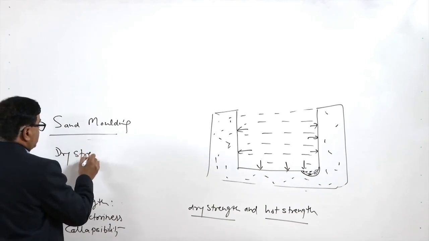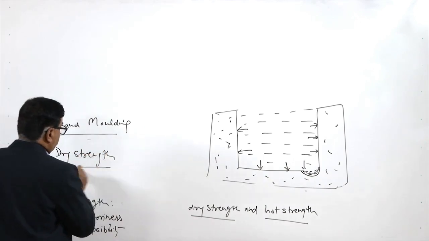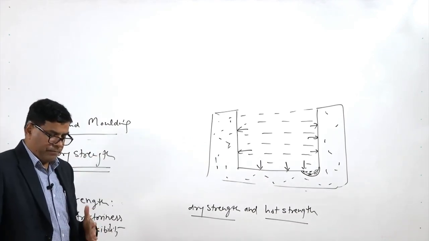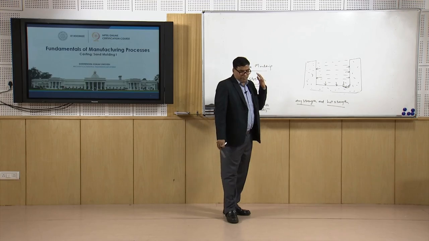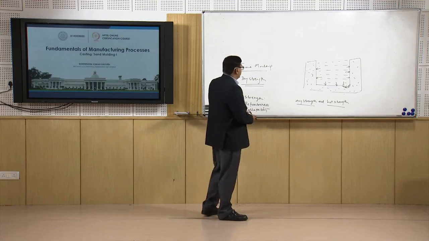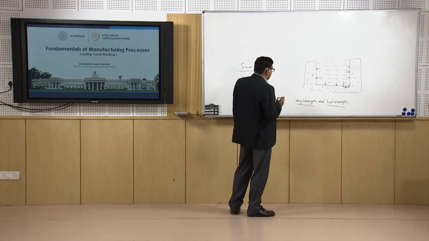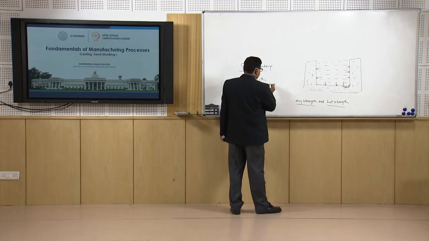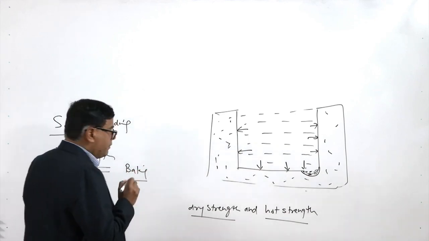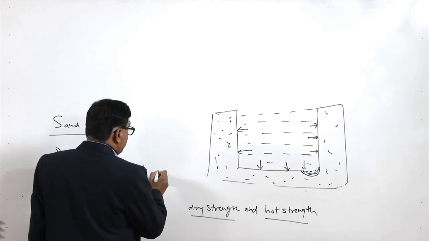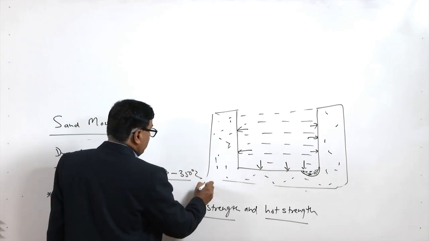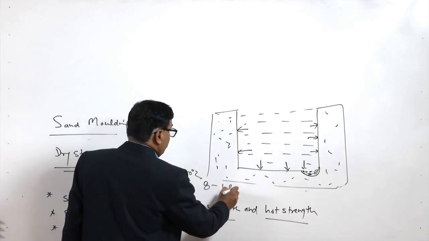Since the green strength becomes quite low for taking the weight of the molten metal, especially in case of large castings, it becomes important that the strength of the mold is increased, and for that purpose normally the baking of the green sand mold is done in the range of 150 to 350 degrees centigrade for 8 to 48 hours.